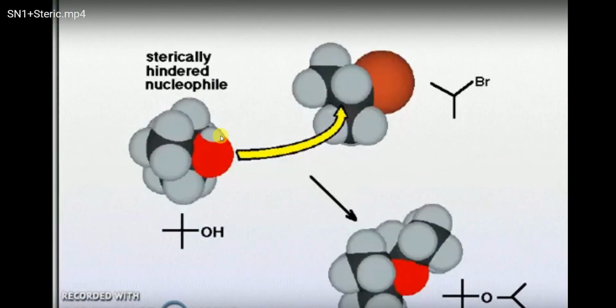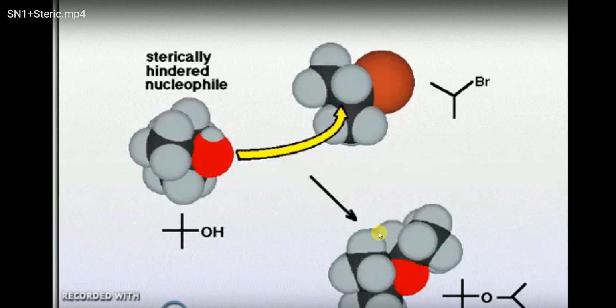You can see some steric hindrance here, because look at all those hydrogens on this tertiary butanol, and even more over here, because there's tertiary oxygen, and then you have your isopropyl group attached to oxygen.